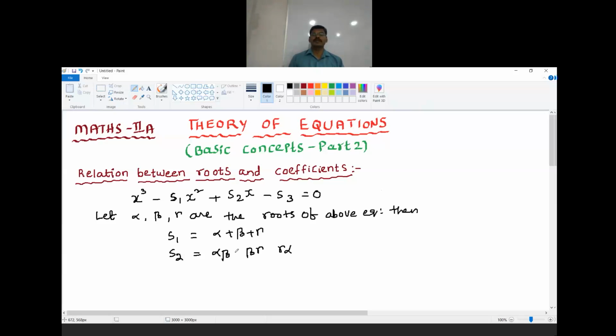So this is S2. Next, S3 is the product of roots, because S3 is the last coefficient. S1 always represents the sum of the roots, and the last coefficient S3 represents the product of the roots, alpha into beta into gamma.